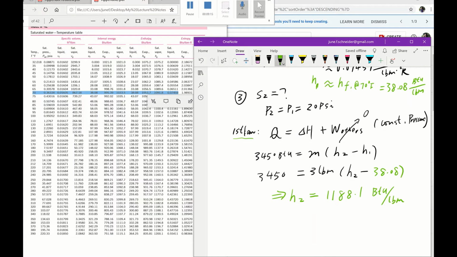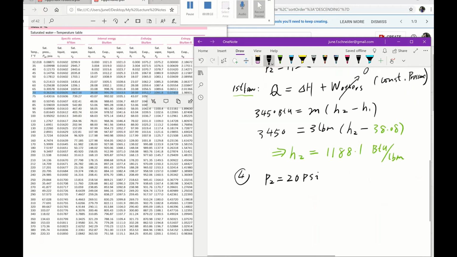Okay. So knowing that now, I'm changing the color because the green is just for H, right? And now let's go back to our second state. We know P2, it's a constant pressure, so it's equal to P1 as 20 psi. We also know the second property we just calculated, H2, it's 1188.1 BTU per pound mass.